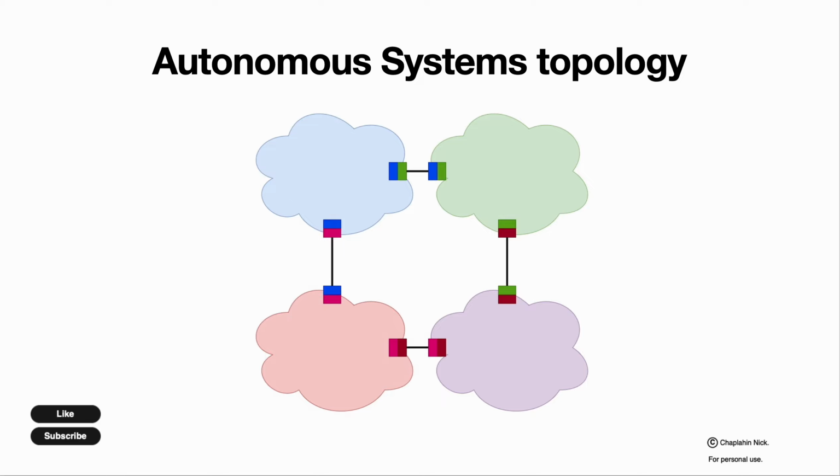As you remember, the global network can be presented as a set of autonomous systems with interconnections between them.